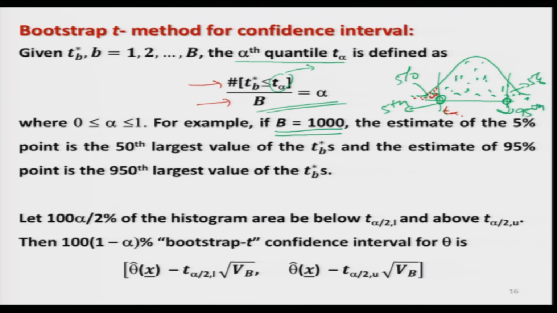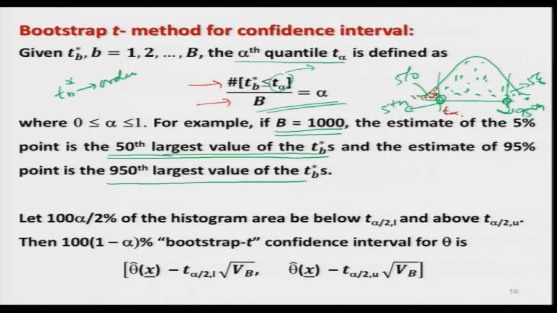So, what I can do is take the values of TB star and order them as I showed you earlier, and then choose the largest value among the values of TB star and the 950th largest value of the values of TB star, and these are going to give us the critical values.